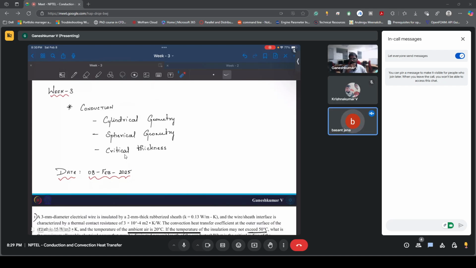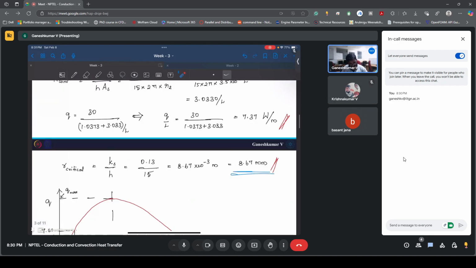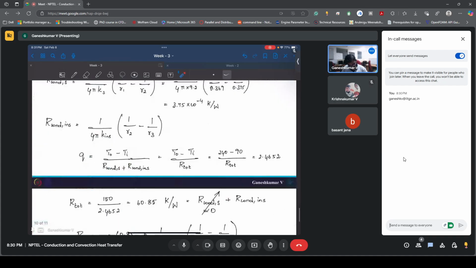What is your mail, please, sir? Mail ID? Okay, I will put it in the chat. I hope you received it. So it's Ganesh KV at iitgn.ac.in.